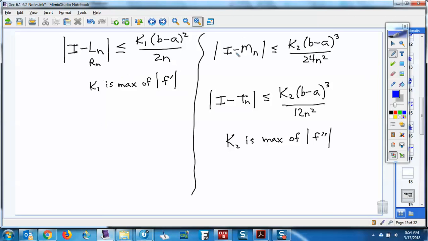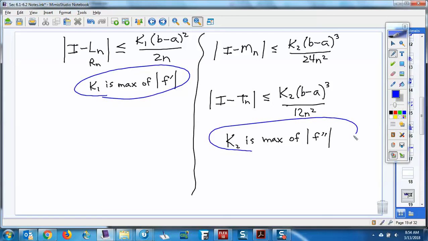So basically there's our formulas right there. Again, these will be given to you, but you're going to have to know what K1 stands for and what K2 stands for. This part I probably will not write down on the quiz, but the other things I will have there.